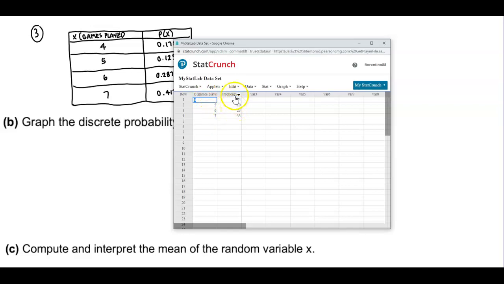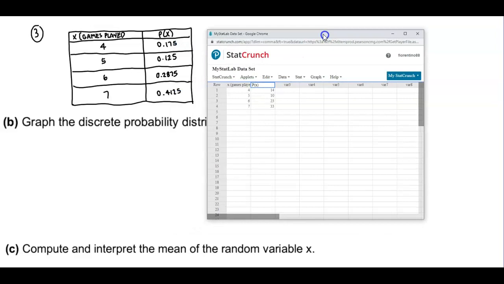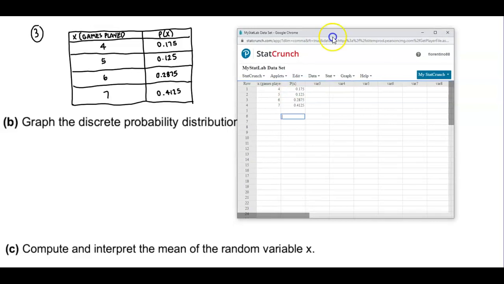We want to change this to be P of X. So we're going to call this P of X, and then we need to write in the probabilities that we got: 0.175, 0.125, 0.2875, and 0.4125. We had to put our probability in there to be able to graph this using StatCrunch.